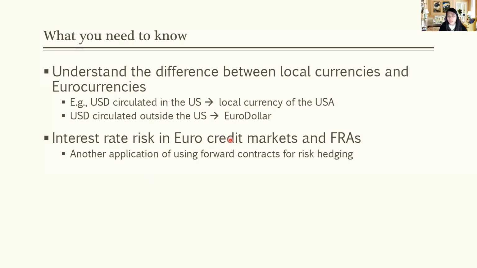For example, if I have an investment horizon of a year, but my strategy is to keep rolling over three-month bonds, then every 3 months when I roll over the bond, I'm exposed to interest rate risk at the time. If I have to roll over at a lower interest rate, then my income will reduce.